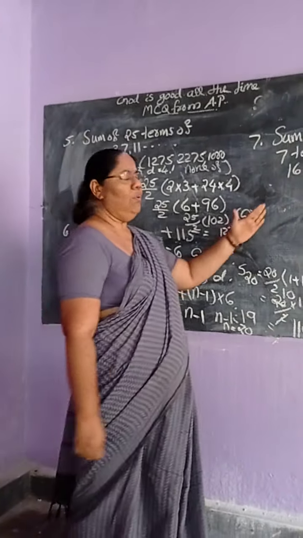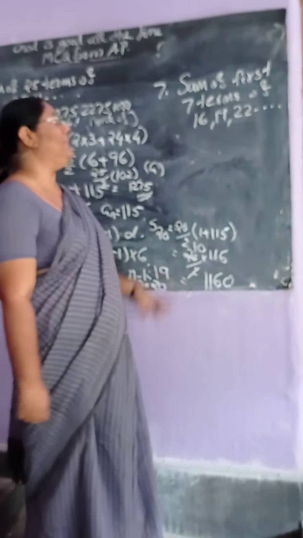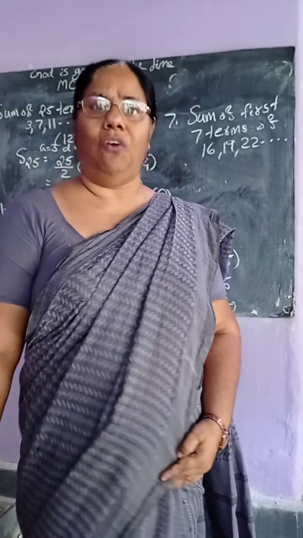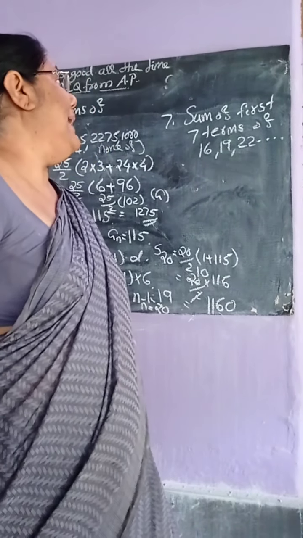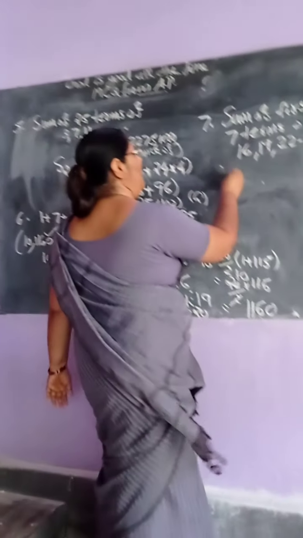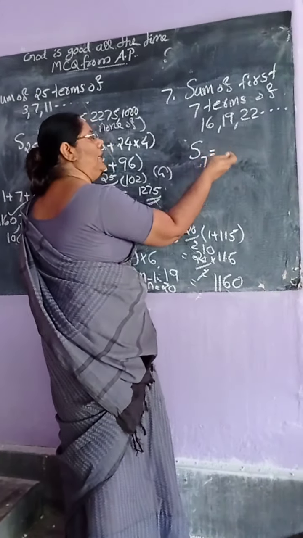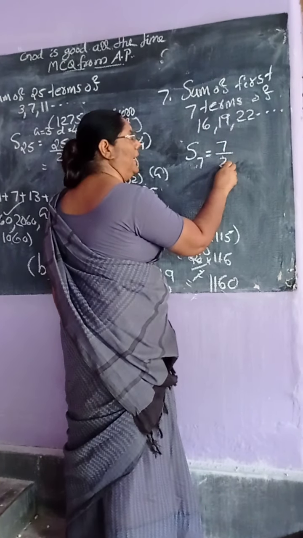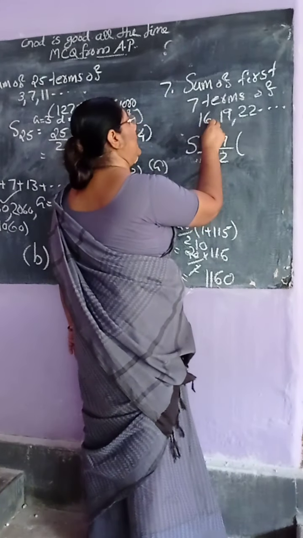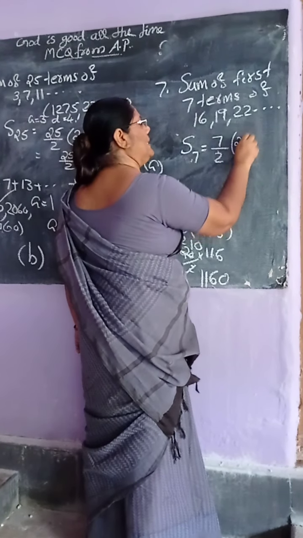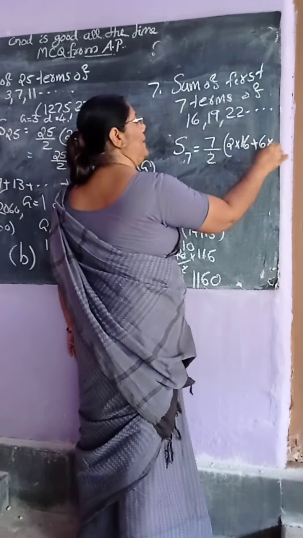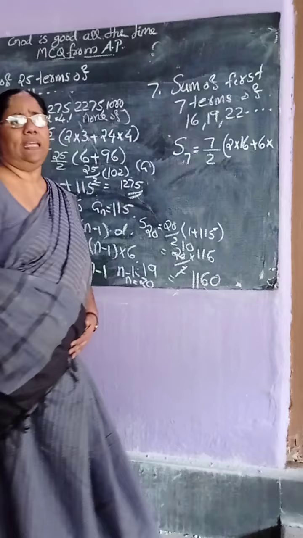1160. Now listen to the next question, the 7th question. Sum of the first 7 terms of 16, 19, 22, etc. Now S7, right? S7 is equal to 7 by 2 into 2a, that is 2 into 16 plus 7 minus 1 into, can you say what is 19 minus 16?